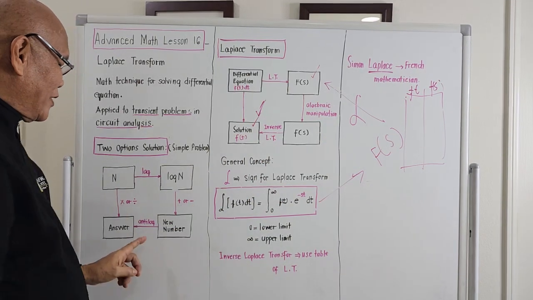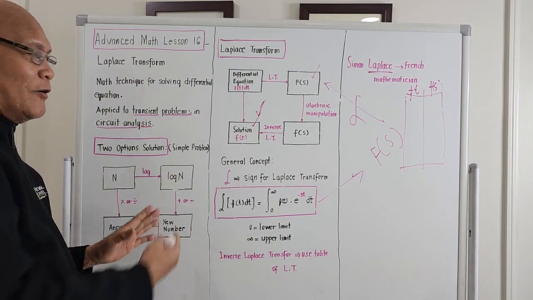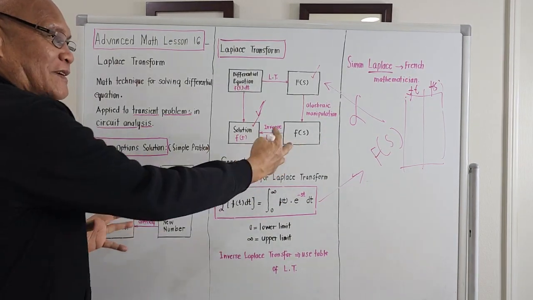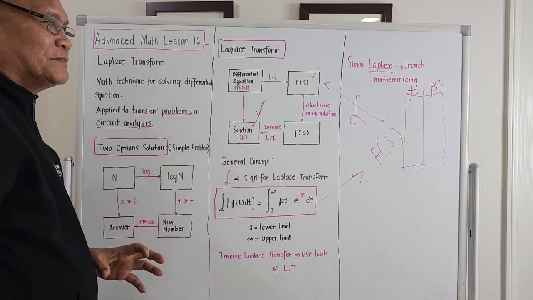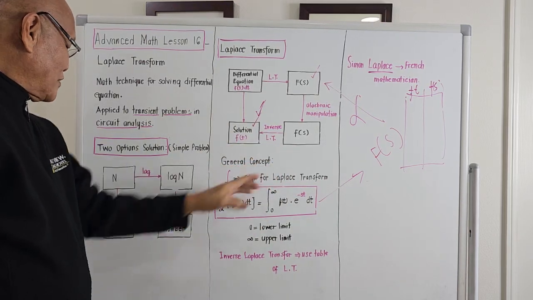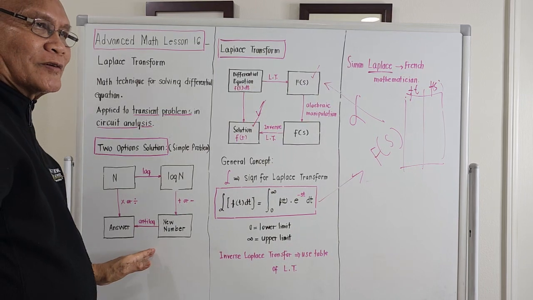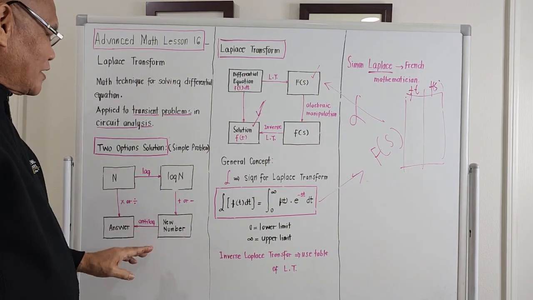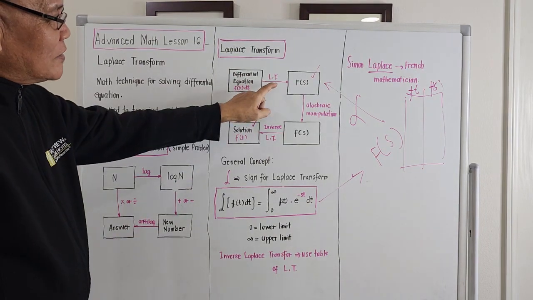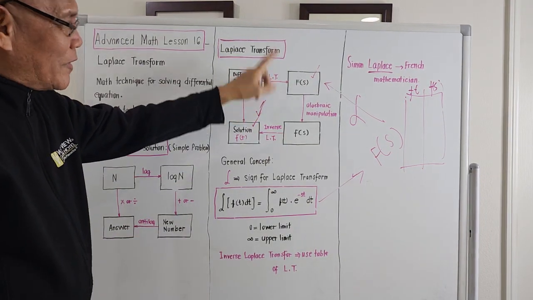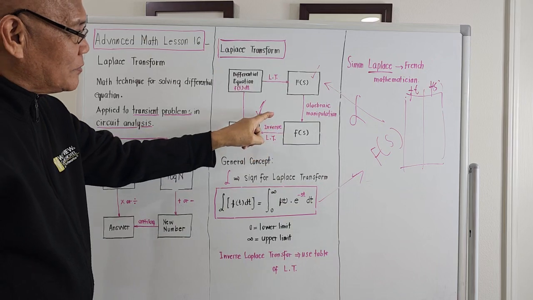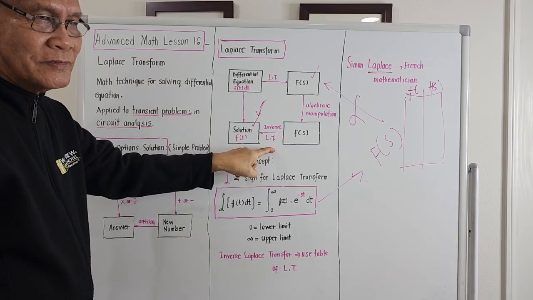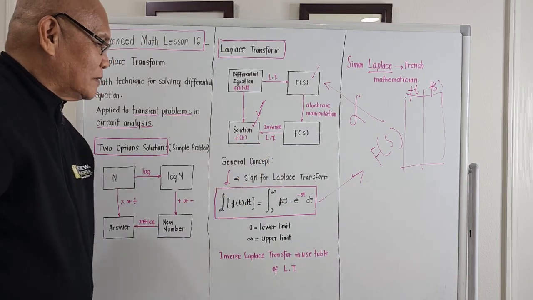Like on the first one, we take the antilog. The concept is similar. Inverse Laplace is like the antilog on the first solution. We take the log, we take the antilog here. Originally, we take the Laplace transform. To bring out the final answer, we take the inverse Laplace transform.